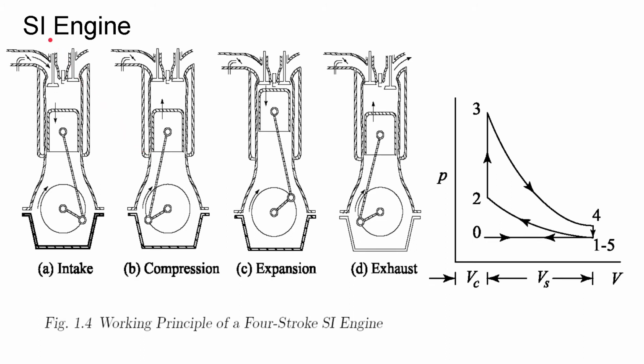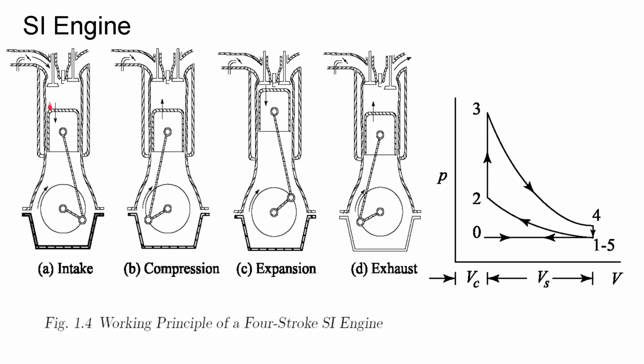So here we start the cycle with the inlet of the air. So the intake. Intake in a spark ignition engine is the air plus fuel mixture. So air plus fuel enters here, and our intake valve is open.